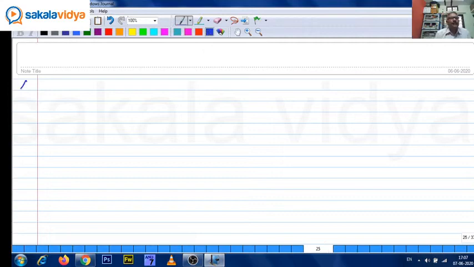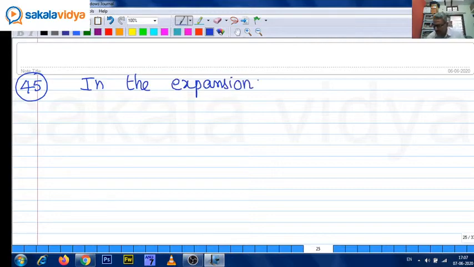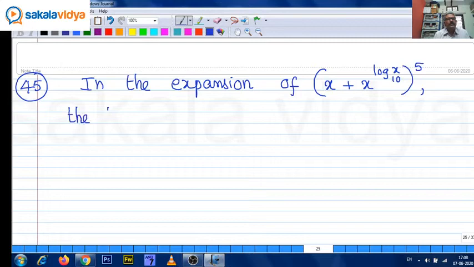45th problem. In the expansion of (x plus x to the power of log x to the base 10) whole to the power of 5, the third term is 10 to the power of 6.